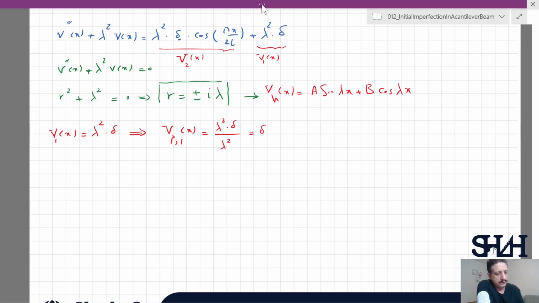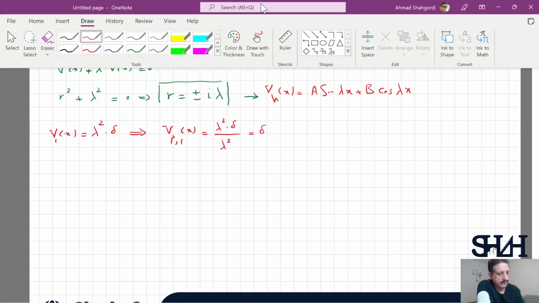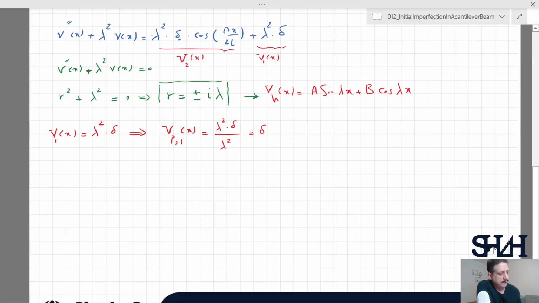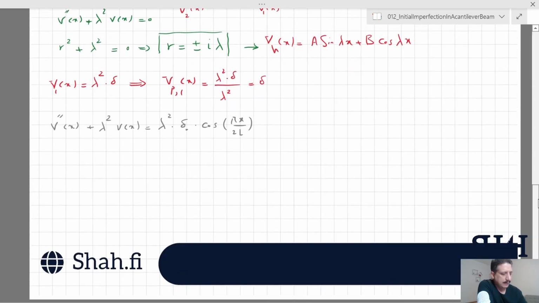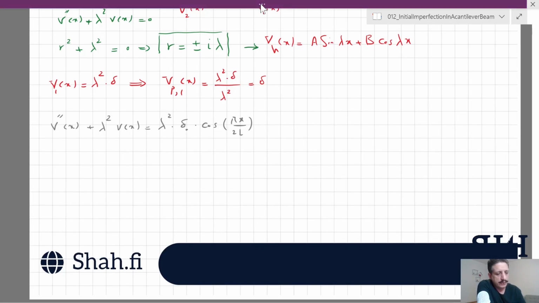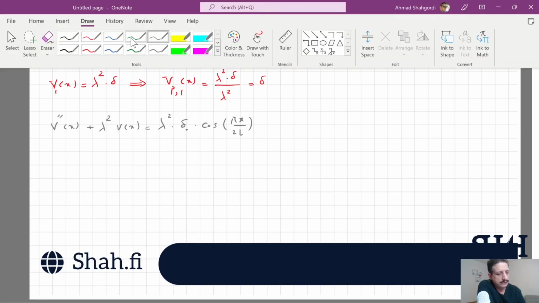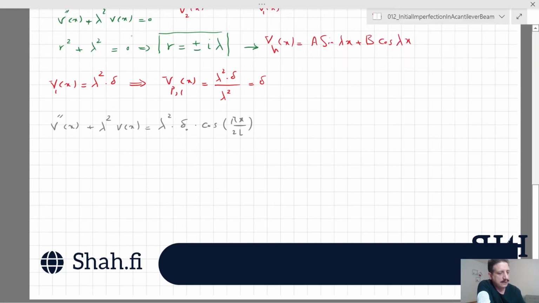For cosinus, we need to solve the other way. It's a little bit different. Second derivative of v plus lambda square v(x) equals lambda square delta 0 cosinus pi x over 2l. So in this case, we need to rewrite the particular solution with constant values in terms of cosinus and sinus.